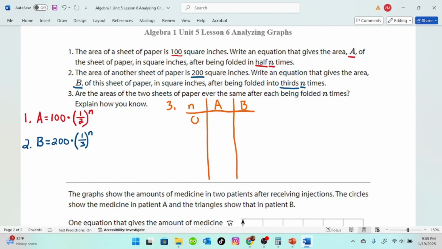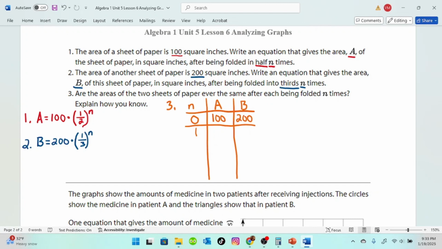Now, initially, the papers are not folded at all. And paper A is 100 square inches, and paper B is 200 square inches. So paper B is larger at this time. Now, each paper will get folded once.